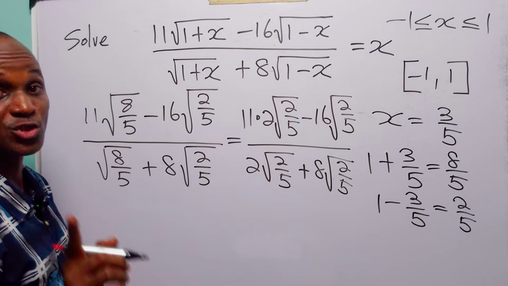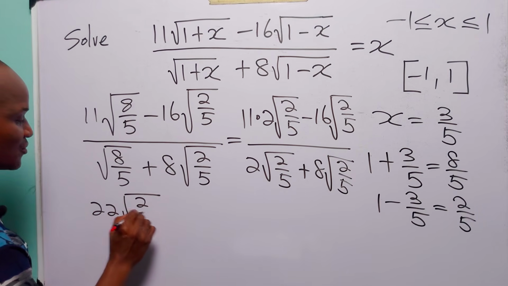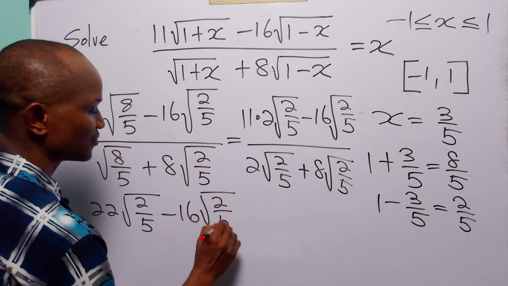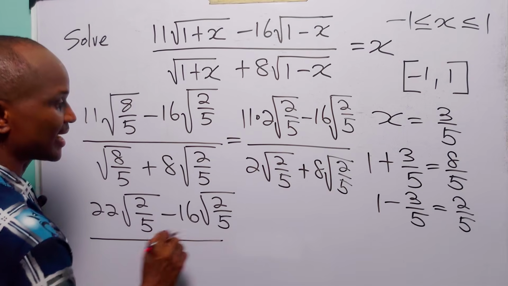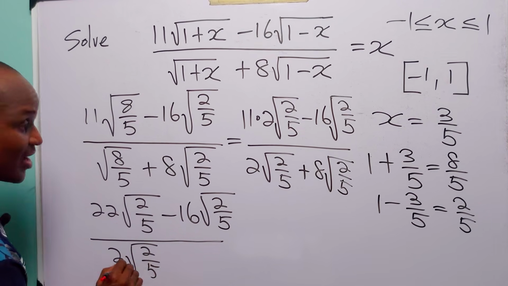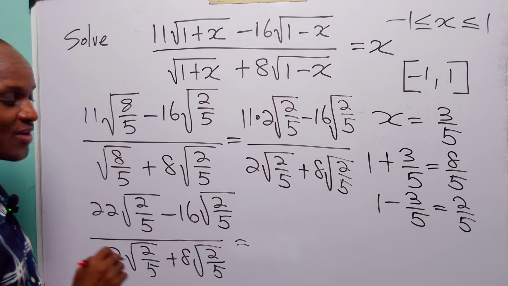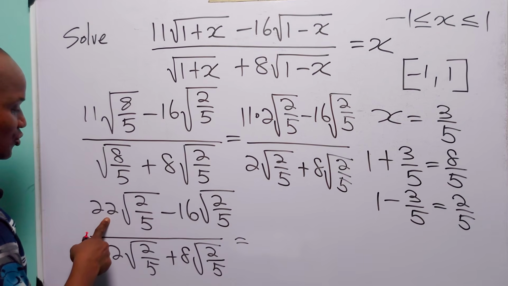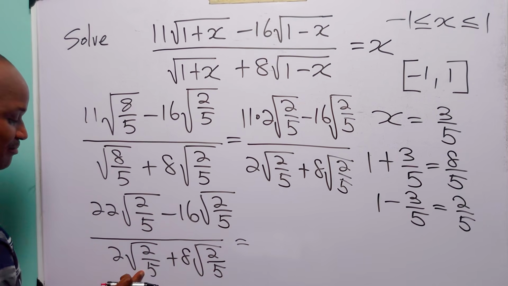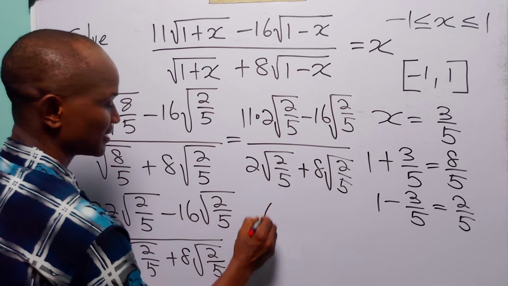11 times 2 is 22. So this is 22 times the square root of 2 over 5 minus 16 times the square root of 2 over 5, divided by 2 times the square root of 2 over 5 plus 8 times the square root of 2 over 5. Now, 22 minus 16. Of course, you can already see that now we have the same number under the square root sign. 22 minus 16 is 6.